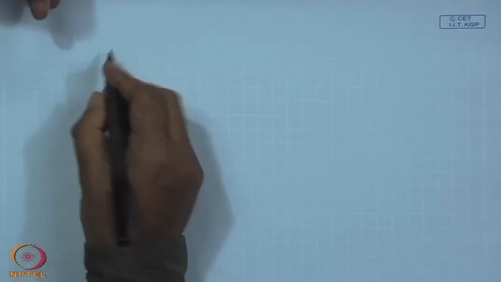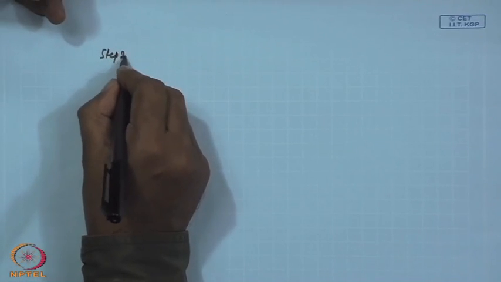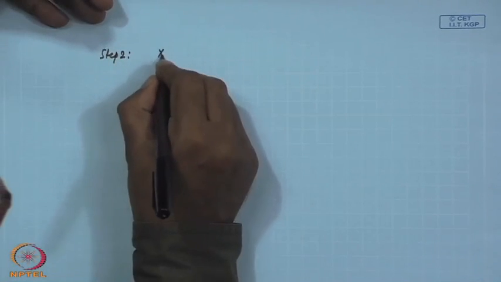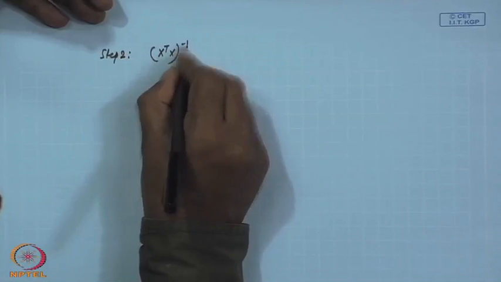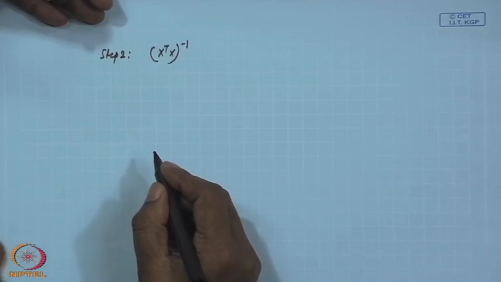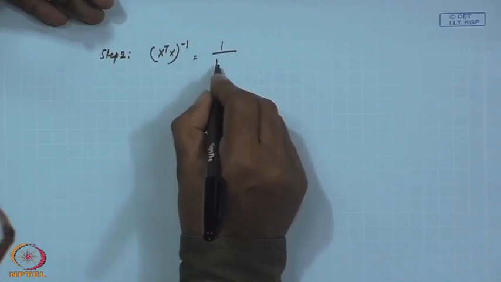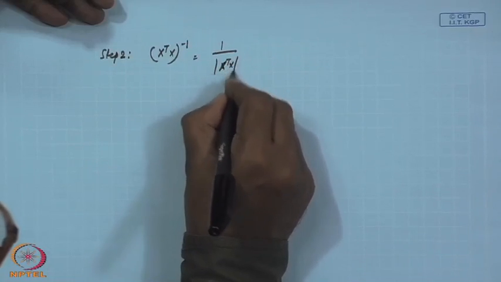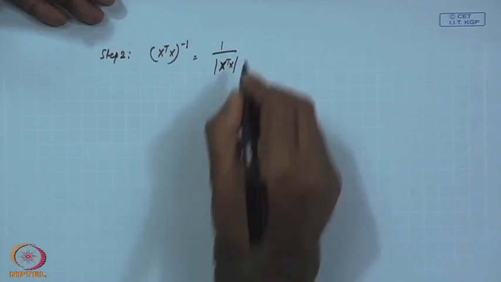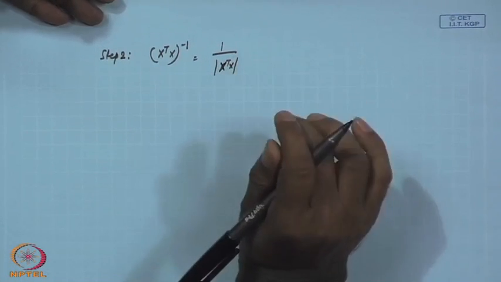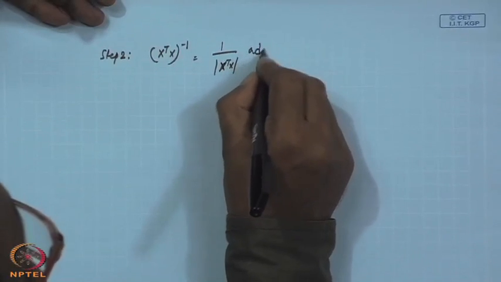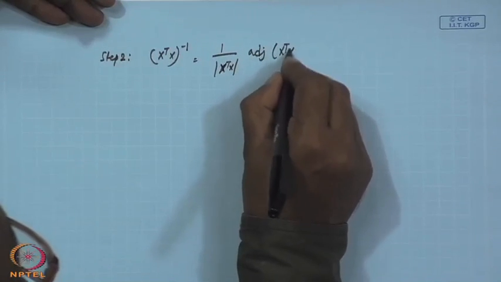Now step 2, I want x transpose x inverse. So, this is 1 by the determinant of x transpose x, times the adjoint of x transpose x.